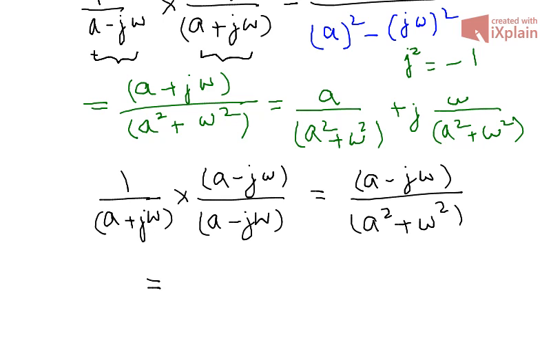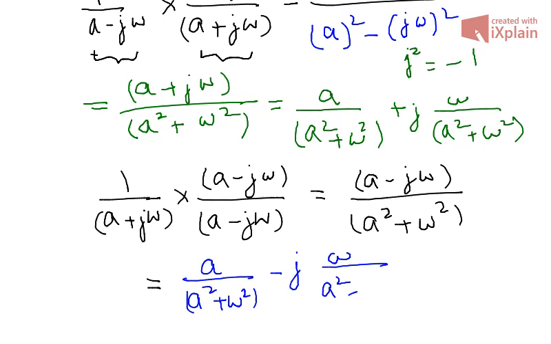And you can write this one as a over a square plus omega square minus j omega over a square plus omega square. Now you can see the real and the imaginary parts in this one, right?